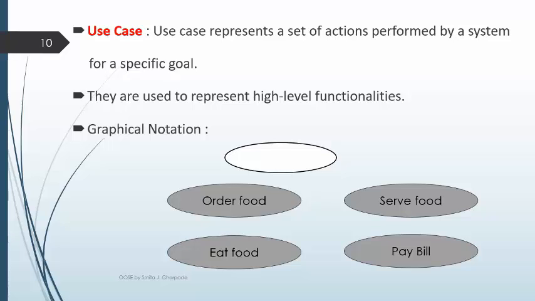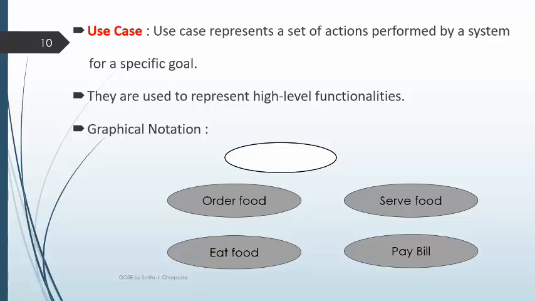We can consider one more example. Suppose I want to withdraw some money through an ATM machine. So what could the set of actions be? First of all, I should insert an ATM card in the machine. Then I should insert a pin. Then go for the further menu options.